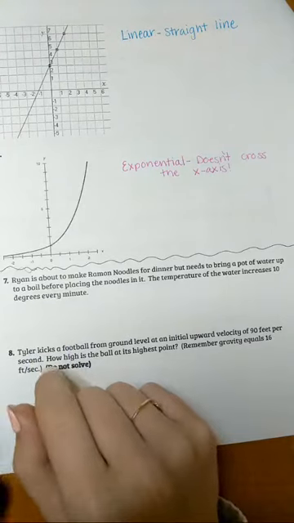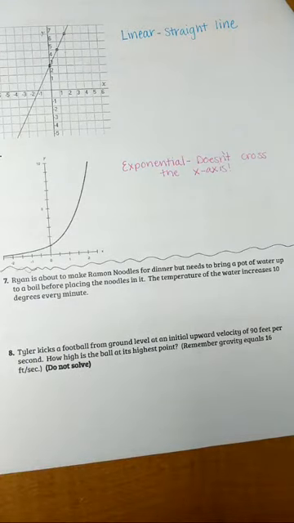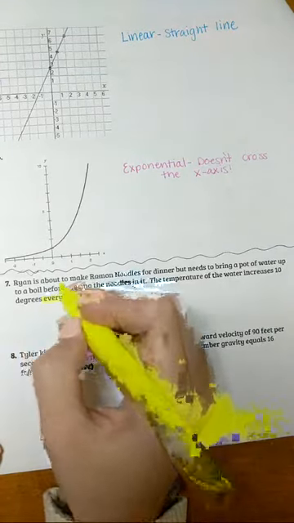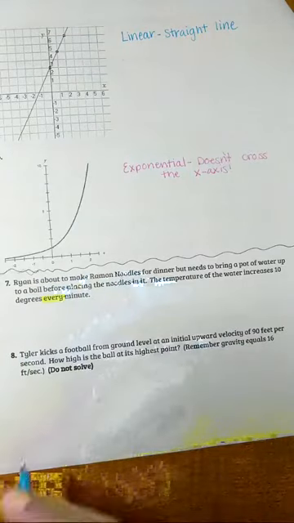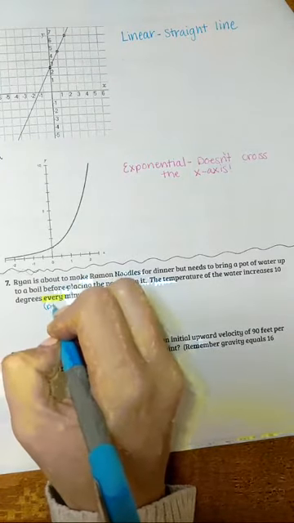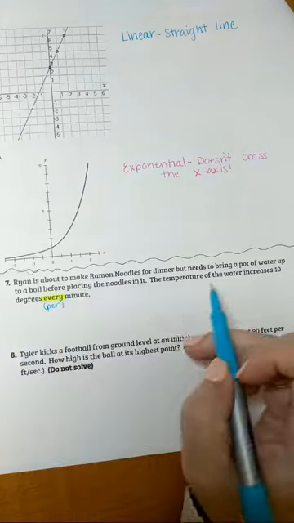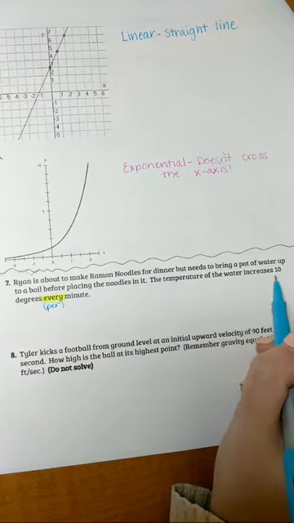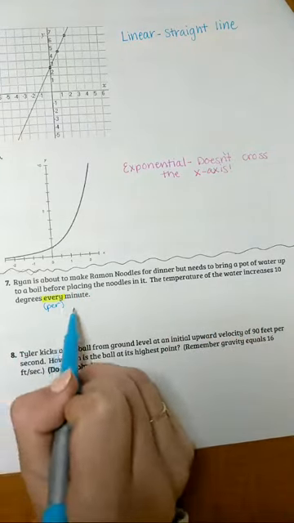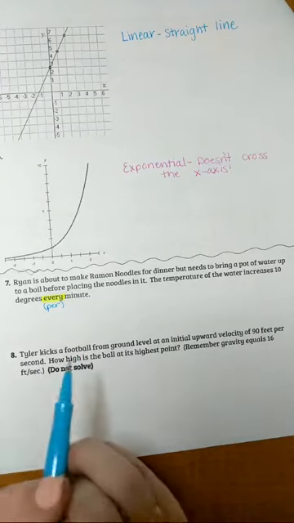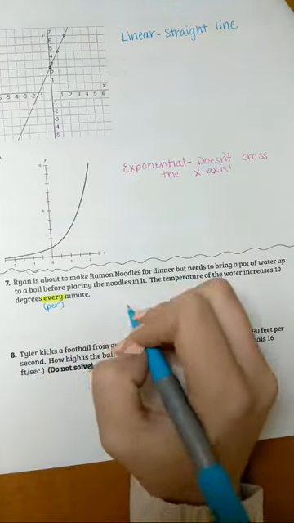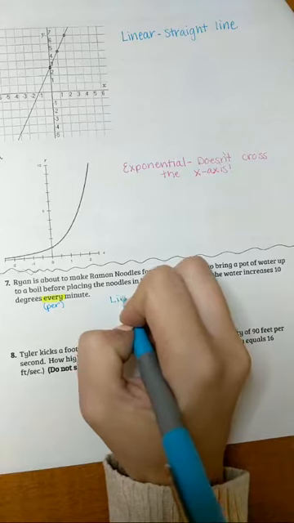We can replace the word every with per, and that would still make sense. So we could say the temperature of the water increases 10 degrees per minute. And that makes sense. So there we go, making this one linear.